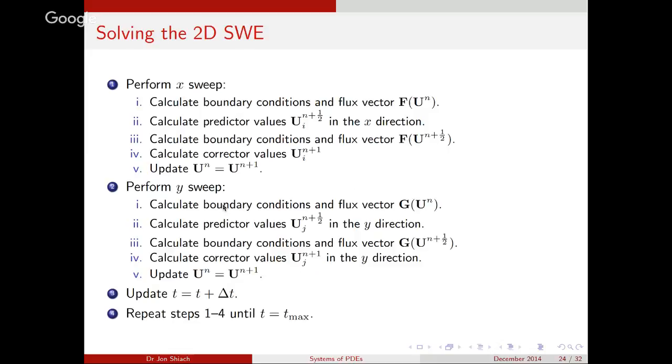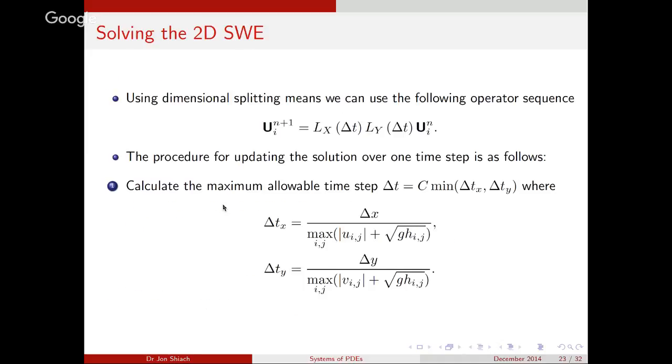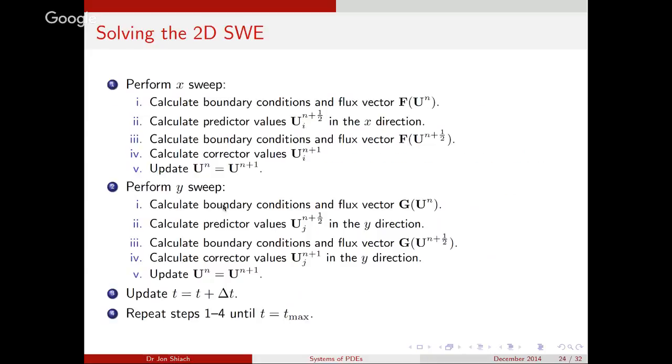So when we've done a full time step, we update our time and we repeat steps 1 to 4. So that includes the time step, because that will change. We do that until we get t equal to t max, or when we want to stop.